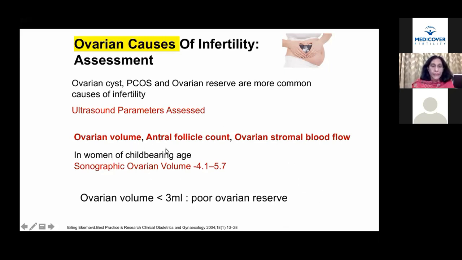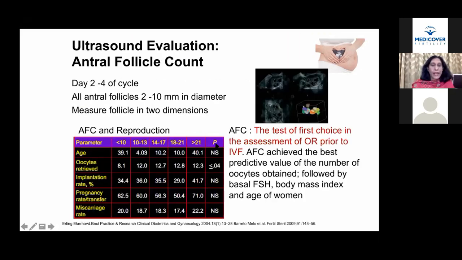But apart from volume, what is next is antral follicle count, which is very important. So here, if you see in the picture, these are day 2. We like to do the basic assessment on day 2, and we check these types of follicles.